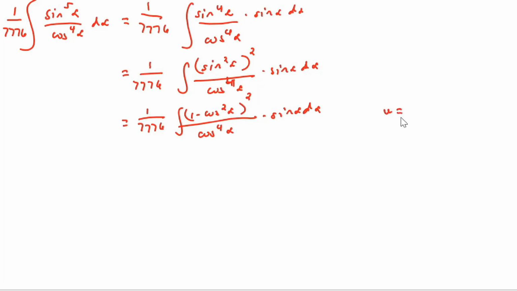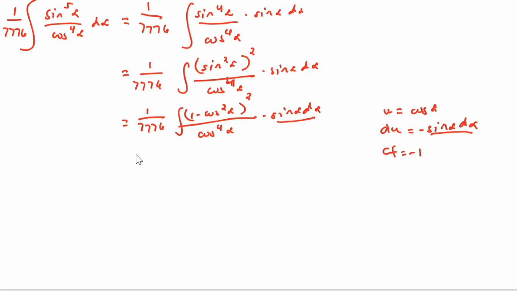Now I'm going to let u be cosine alpha. And the derivative of cosine alpha is the negative sine alpha d alpha. So I have here a sine alpha d alpha comparing to this, so I have a coefficient factor of negative 1.